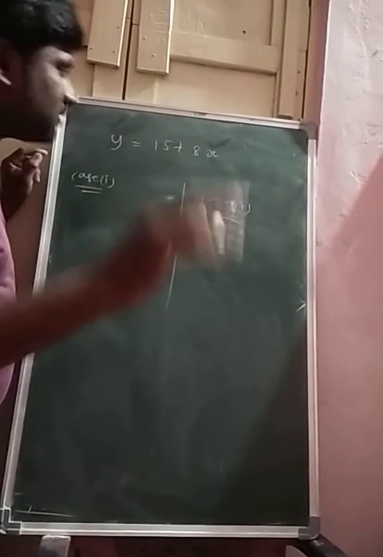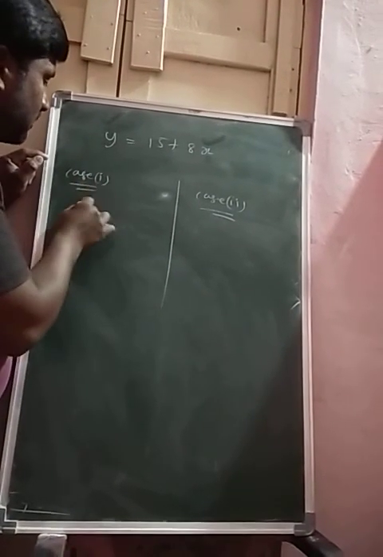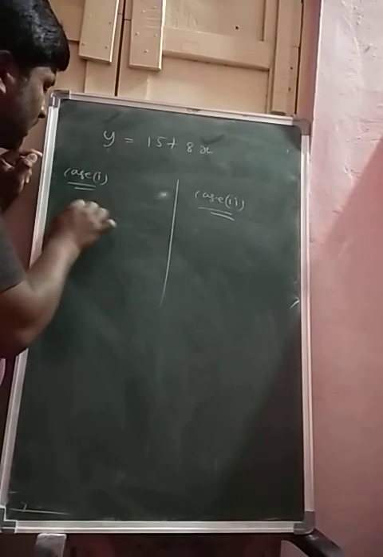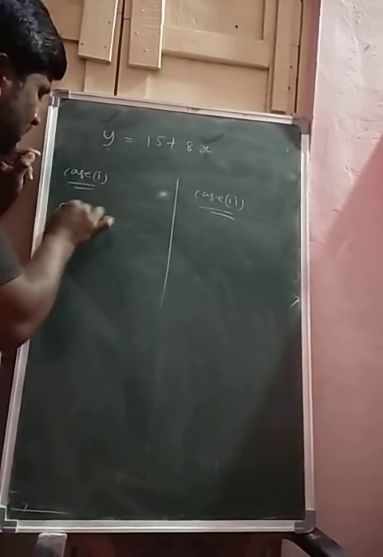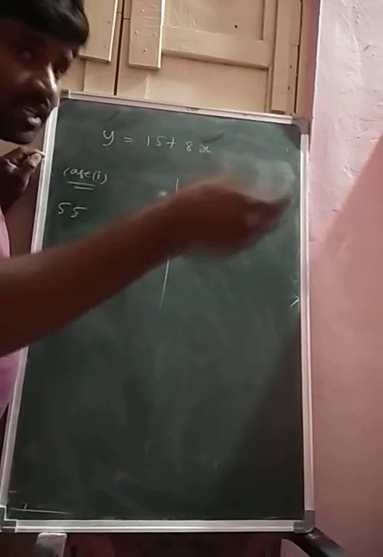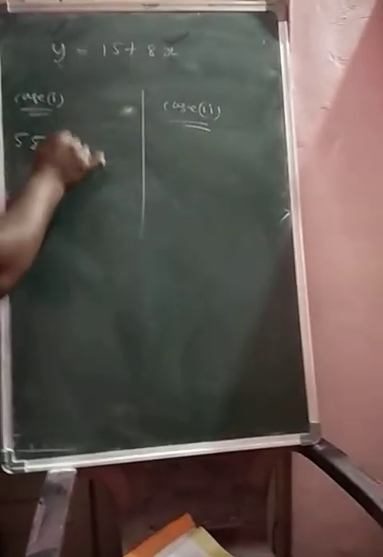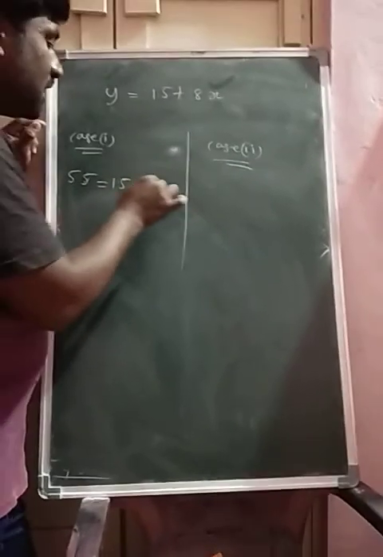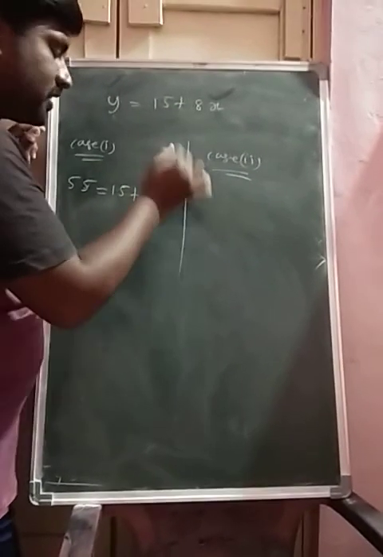Now in case 1 the given amount paid is 55. If 55 rupees is paid, how many kilometers did they travel, what distance did they travel? 55 equals 15 plus 8x.